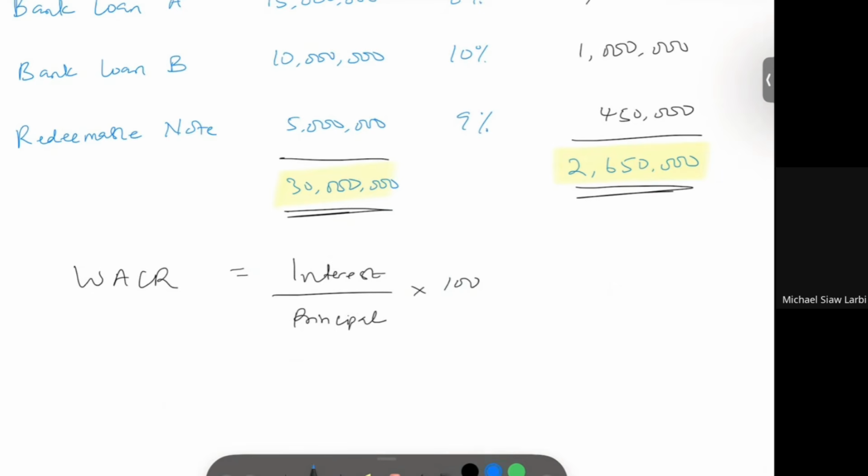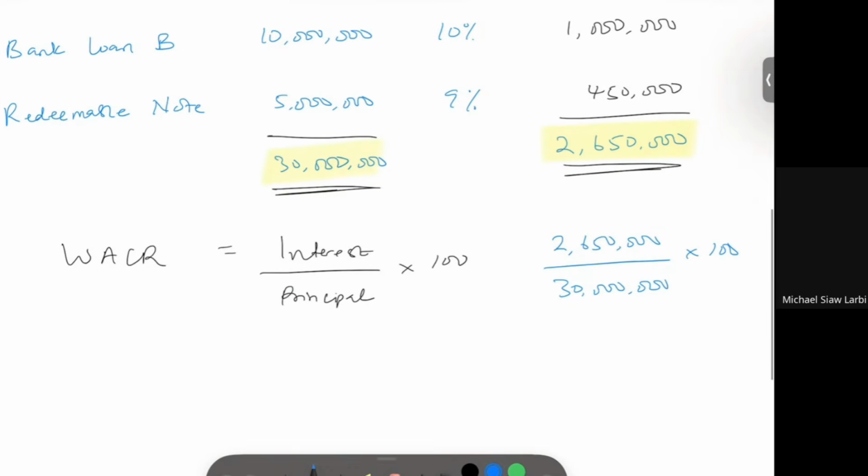So this is going to be 2,650 divided by 30 multiplied by 100. Let me punch that, 2,650 over 30. I'm getting 8.8333 with recurring threes. Because of rounding, we can do 8.8333%. We can leave it at 4 decimals, right? 8.8333, the threes are recurring. So this is what we are going to use here.